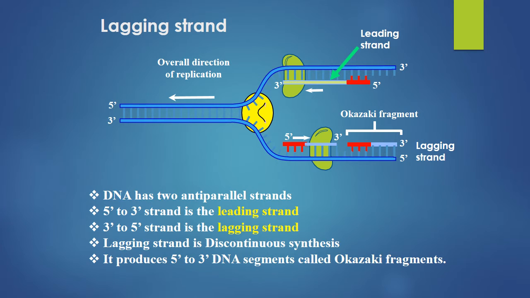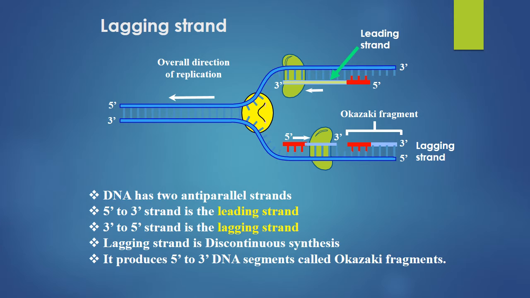As you can see at the top there, the overall direction of replication is to the right hand side. And of course for the template that is from 3' to 5', the synthesis of the new DNA strand still has to occur in the 5' to 3' direction.